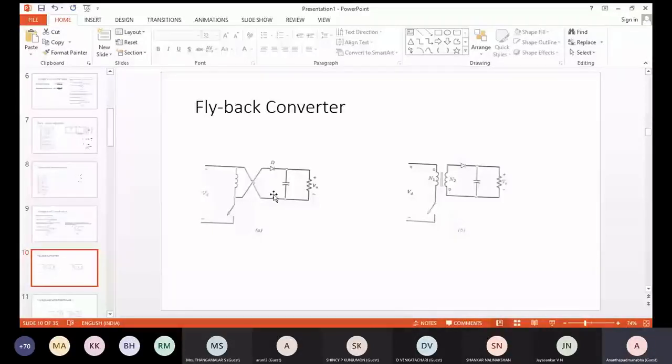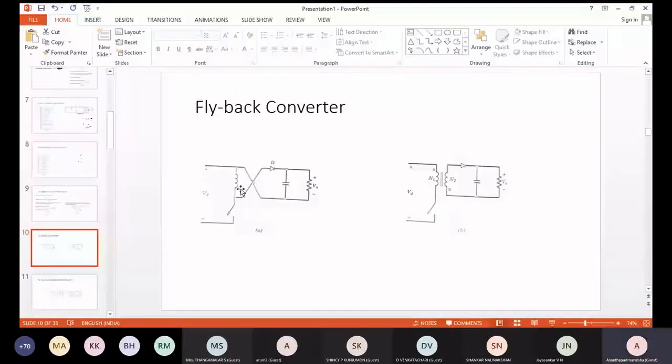So the flyback converter is one such converter, an isolated converter, and obviously it is a known fact that it has been derived from the buck boost converter. So it has been drawn conveniently so that we can get an easy migration from the non-isolated version to the isolated version. That's all. There is not much technical difficulty involved. You can see the same thing here.